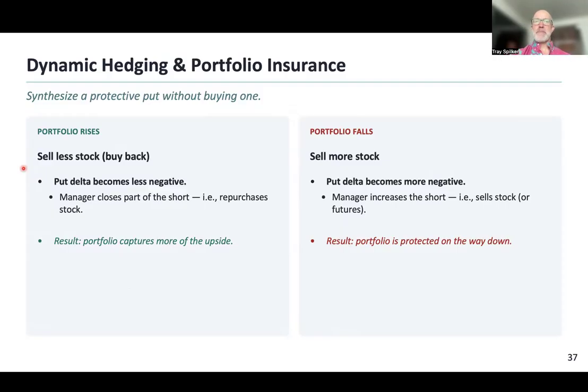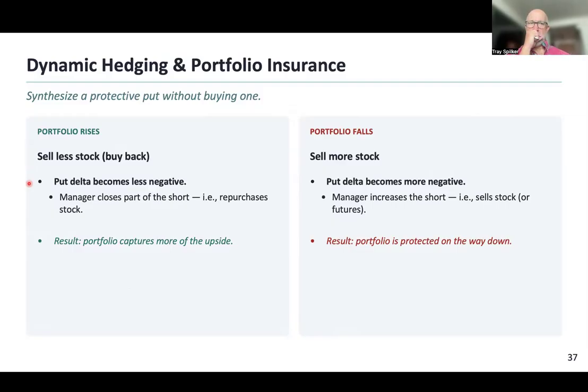The problem with this is the following. As the portfolio rises in value, that is, the share price goes up, then the put delta becomes less negative. That is, it goes closer to zero. So then the manager can unwind the hedge here. That is, you can buy back some stock.